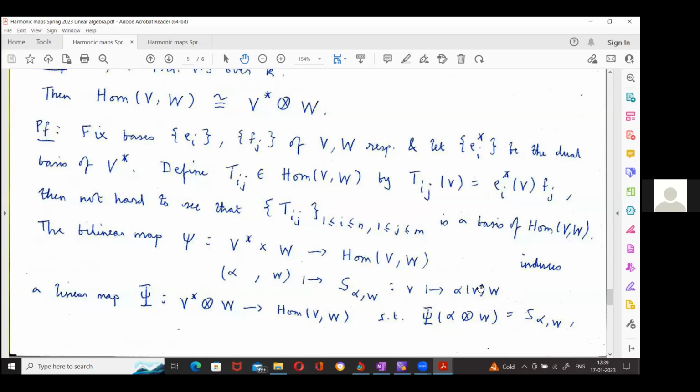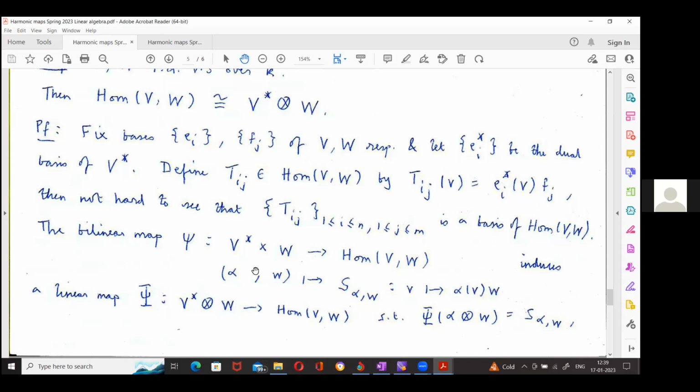Notice that this map from V star cross W to Hom(V, W), (alpha, w) goes to S_{alpha,w}, is bilinear. It's linear in alpha, and it's also linear in w. S depends bilinearly on alpha and w. So this is a natural bilinear map. There's no choice of basis needed here.